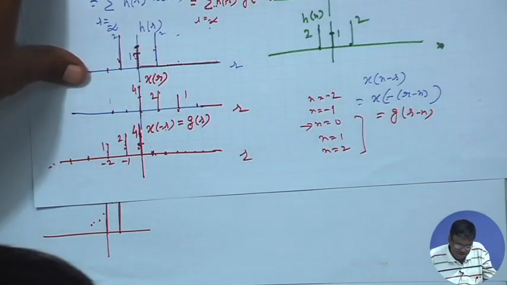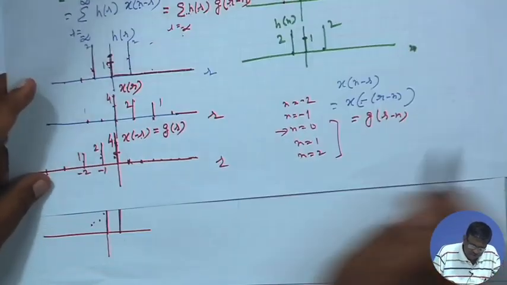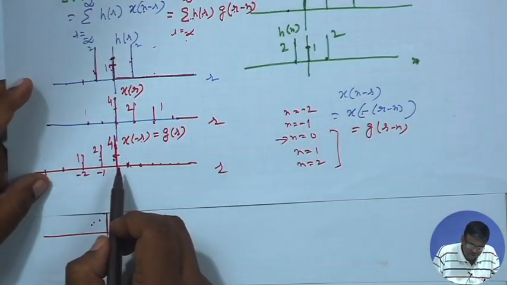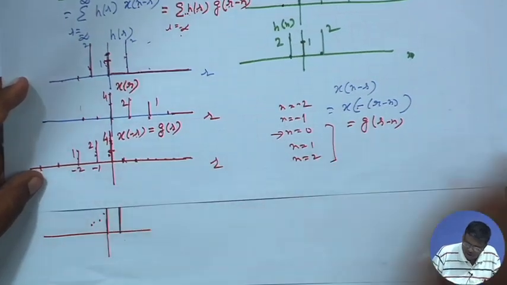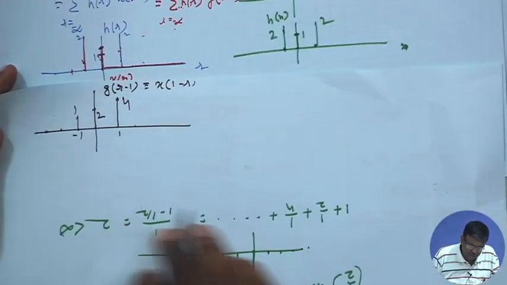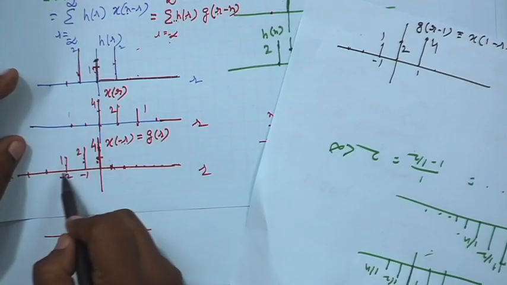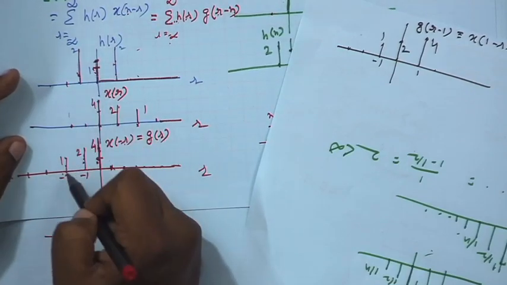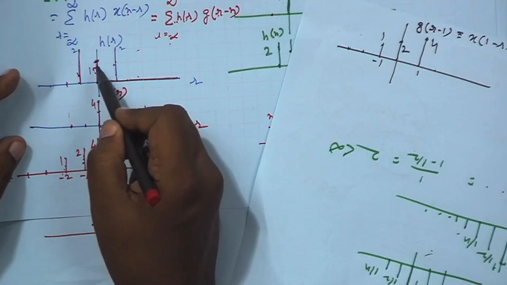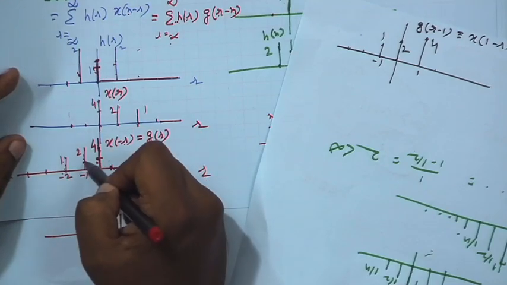In the same manner, for n equal to 2, how much will it be? This is shifted to the right by 2. So, minus 2 will come below this, this point will come below this, that will give rise to 1 into 1. This 2 will come below this, that will give rise to 2 into 2.